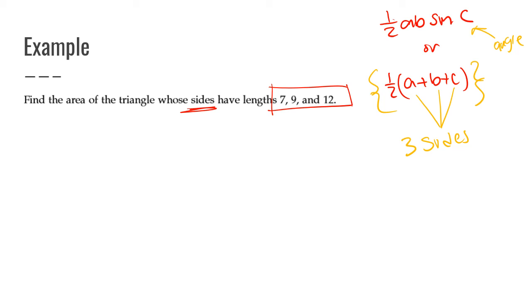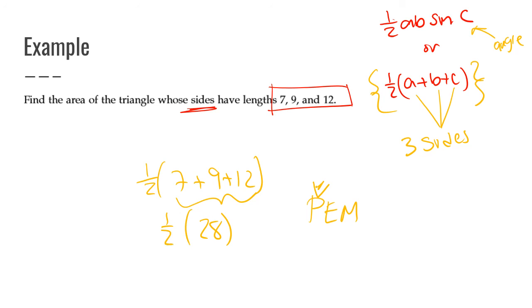So you're going to go ahead and just substitute. Again, it is so easy, it's ridiculous. Remember PEMDAS, you want to do parentheses first. So you're going to do 7 plus 9 plus 12, and you get 28.